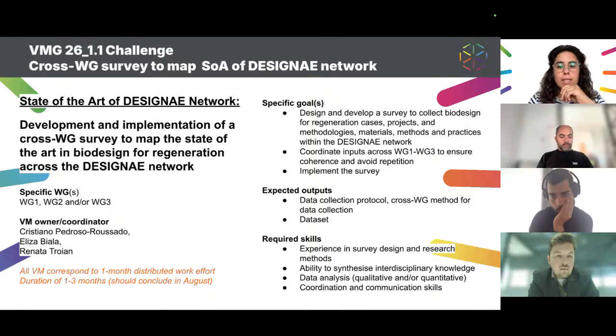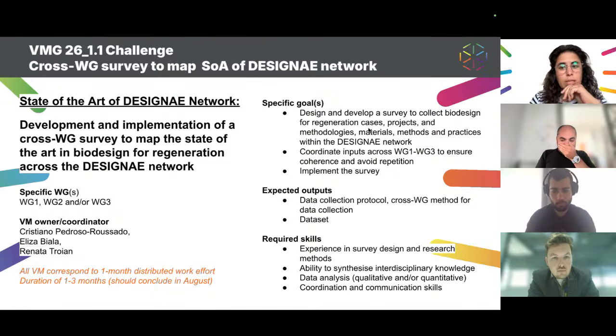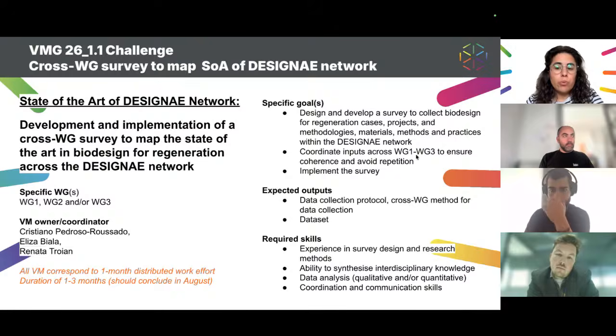So what we intend is to design the survey to collect cases, project methods, materials, practices within the DESIGNAE network, coordinate the inputs across workgroup 1, 2, and 3 to ensure coherence, avoid repetition of surveys, and implement the survey. So we expect a data set, a data collection protocol out of this virtual mobility.